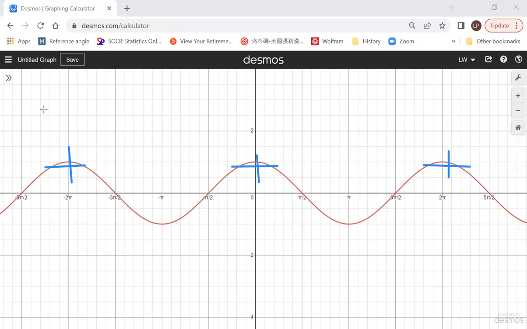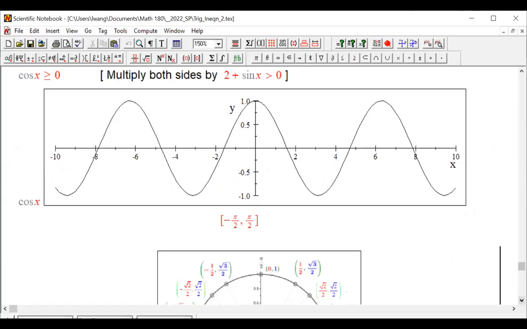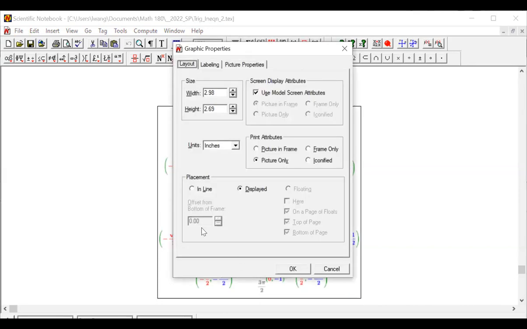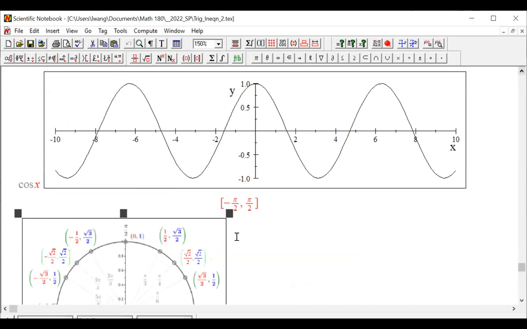I know I have it. I'm going to bring my unit circle. The unit circle is often very, very useful. So let's go back to the picture here. Using these back to back, it could help us to identify the points easily.